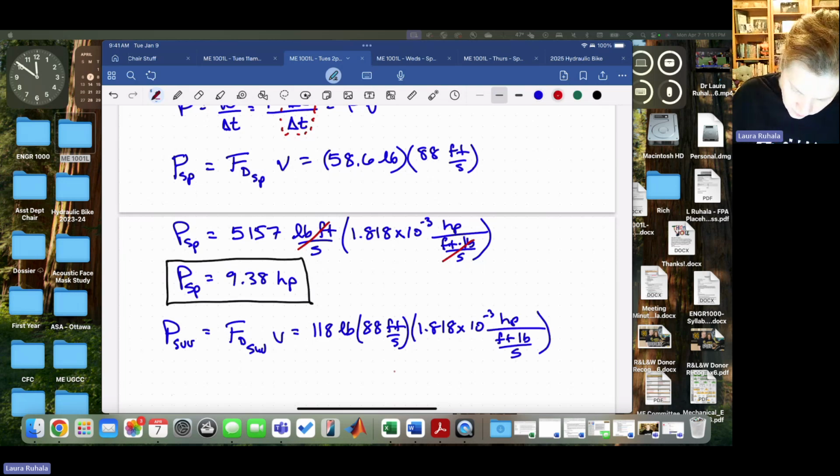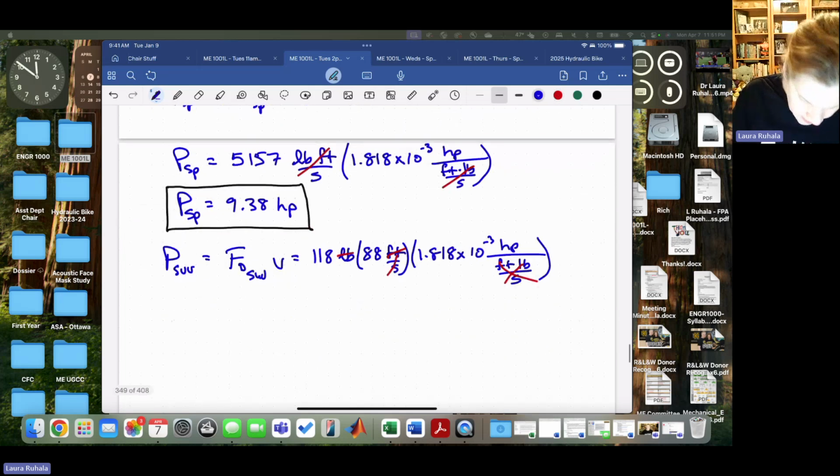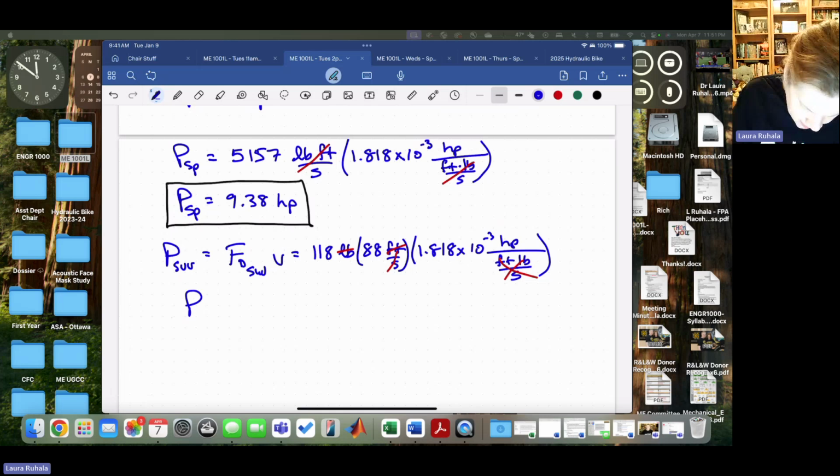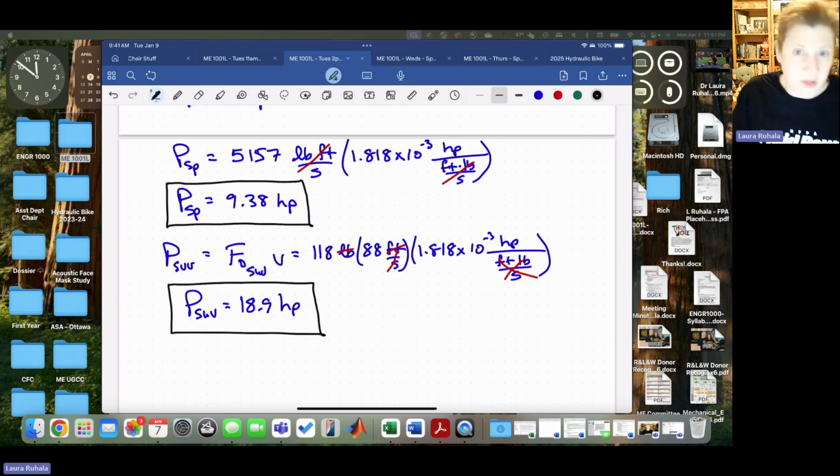Again, foot-pound per second, foot-pound per second, so we're going to get this in terms of horsepower. So the power required of the SUV is 18.9 horsepower. So as expected, because the velocities are the same, the drag is like twice as much. So sure enough, it's going to require like twice as much power.